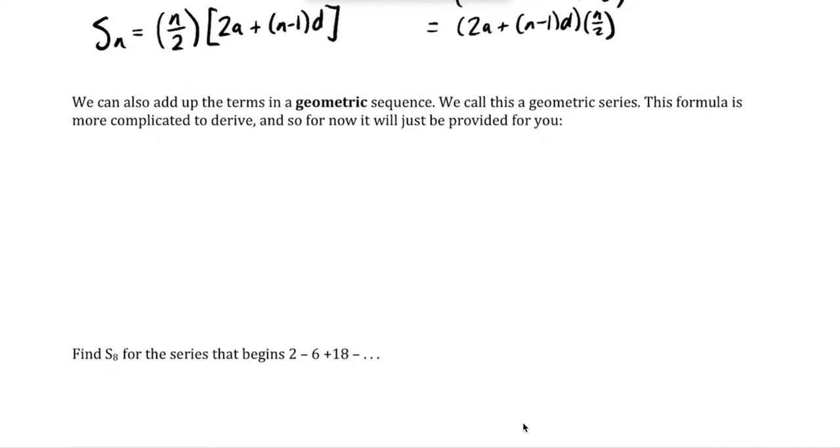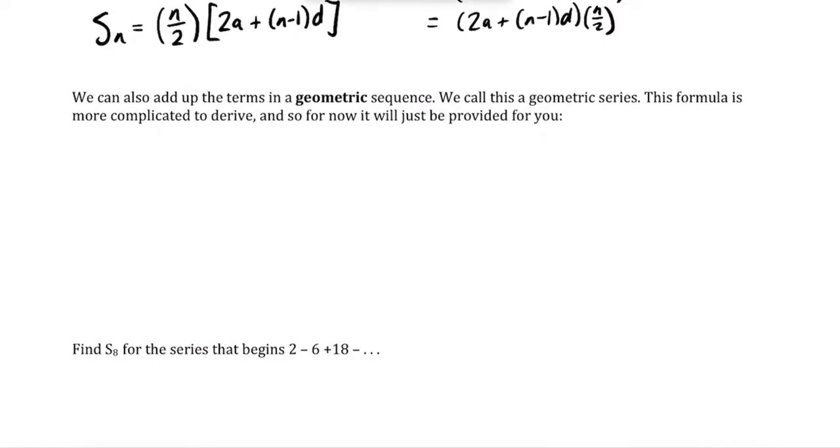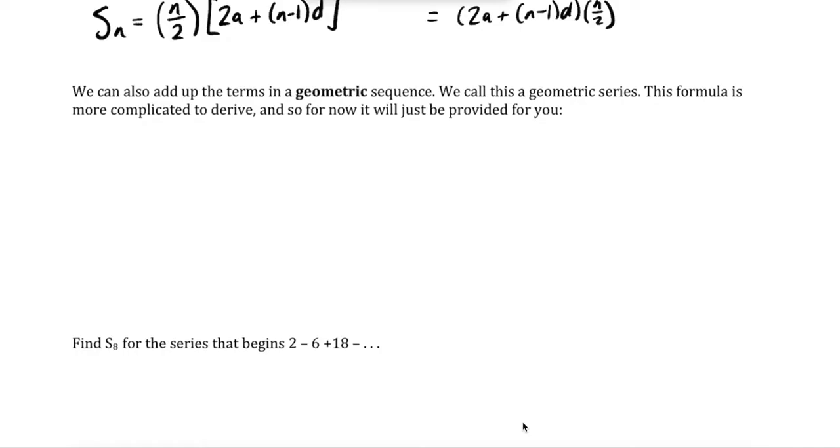Our geometric series formula is that Sn is equal to A times r to the power of n minus 1, over r minus 1.